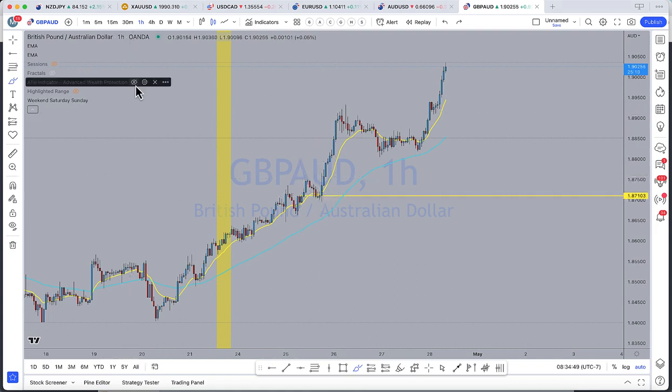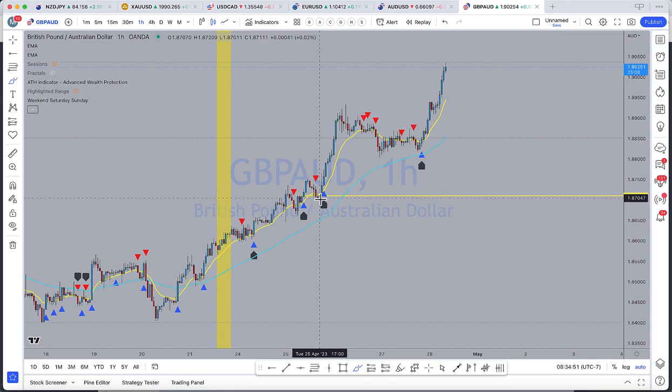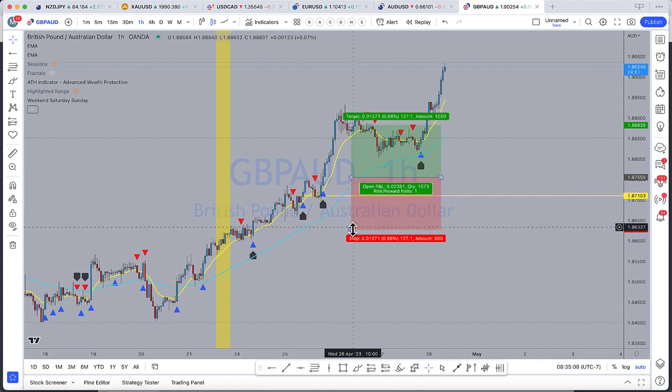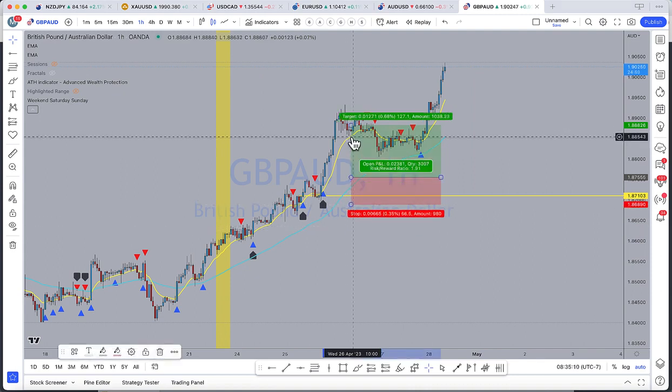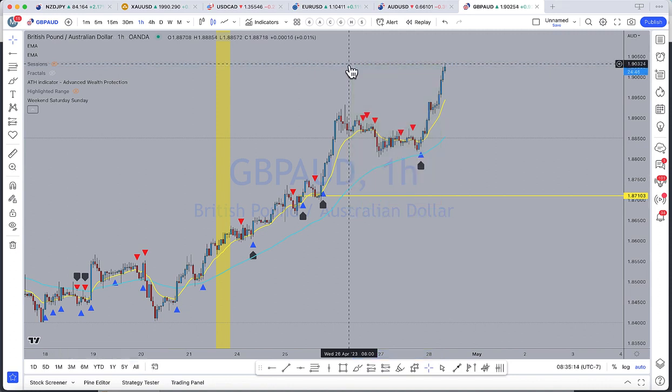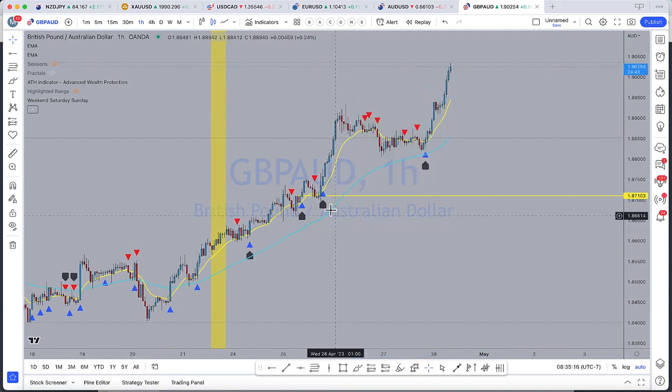The alarm goes off, then you wait for an ATH, which is this blue one, telling you it's in fact time to get into that trade. You get that confirmation, you get in at the close of that candle, you put your stop loss below the low, and you get a potential of about 1 to 4 on that. And that's what that was designed for.